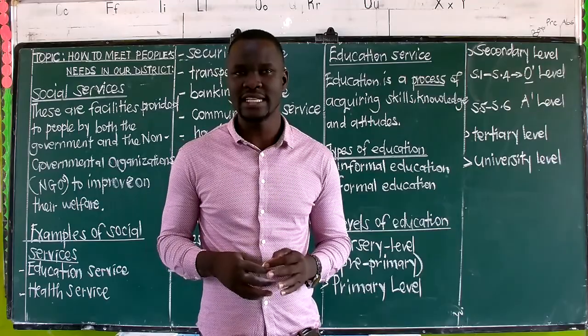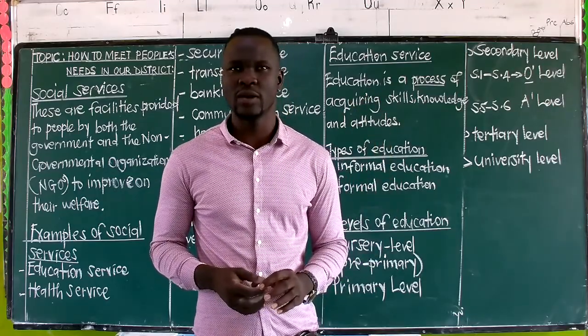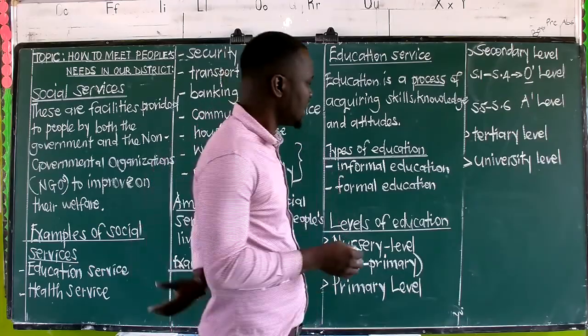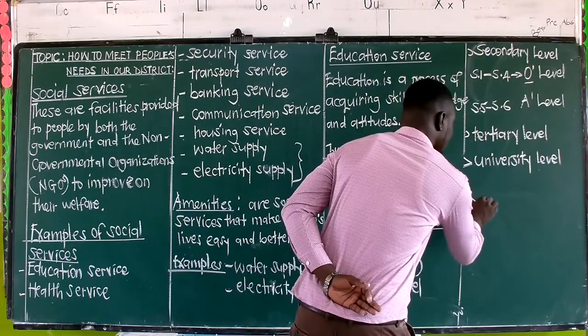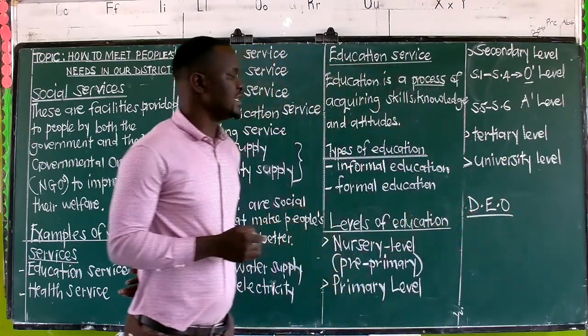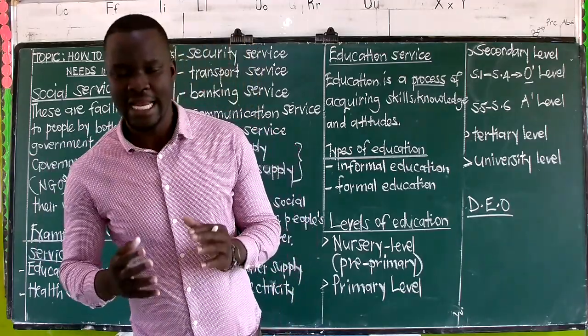And kindly note that in education, in the previous topic, when we were looking at the officials at the district, we talked about the district education officer. I just want to remind you that the DEO is the one who is in charge of education in a district.